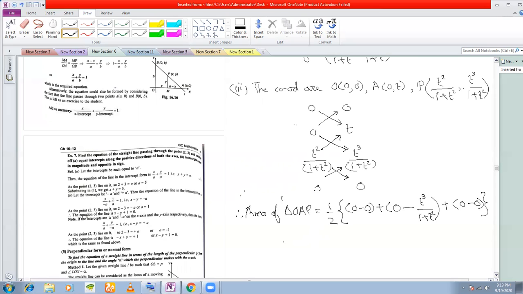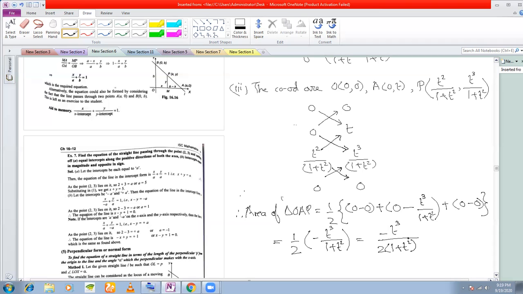So what you essentially get here is half of minus t cube by 1 plus t square. So this is minus t cube by twice 1 plus t square. This is the area of the triangle.